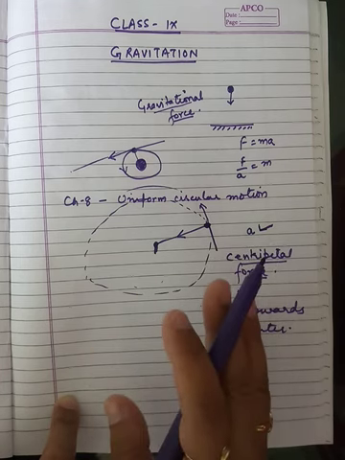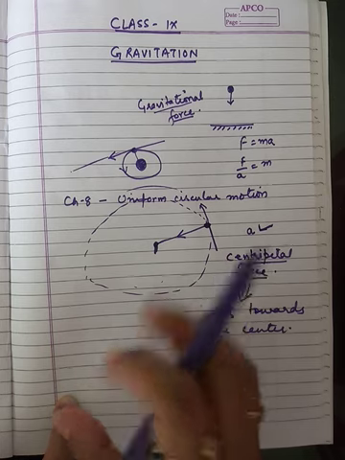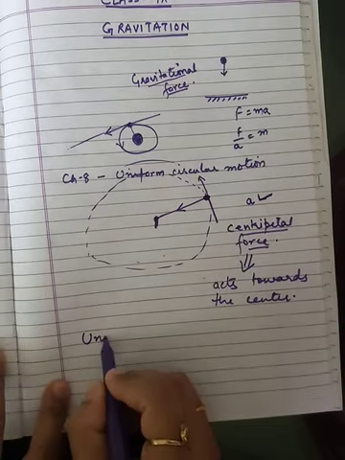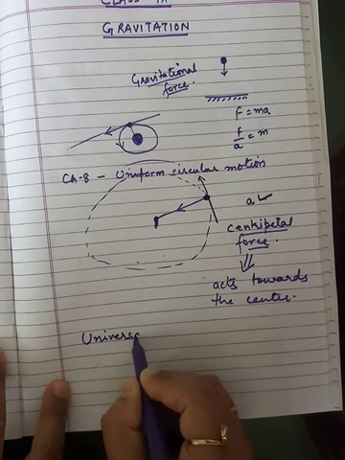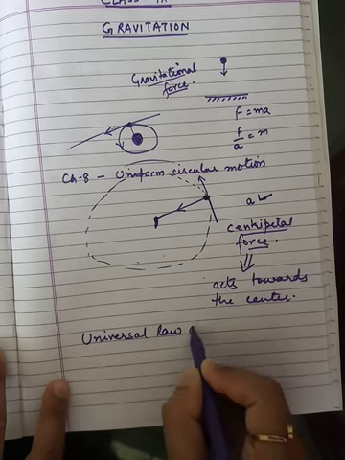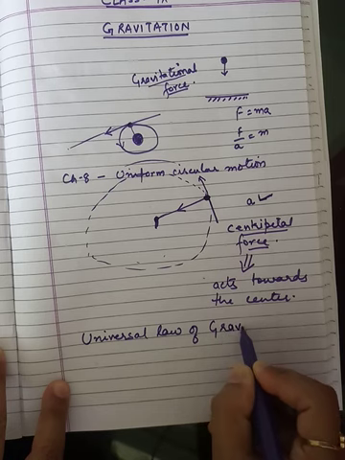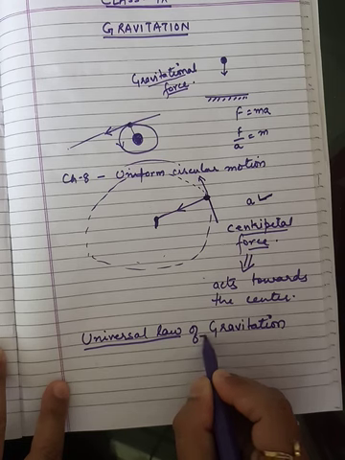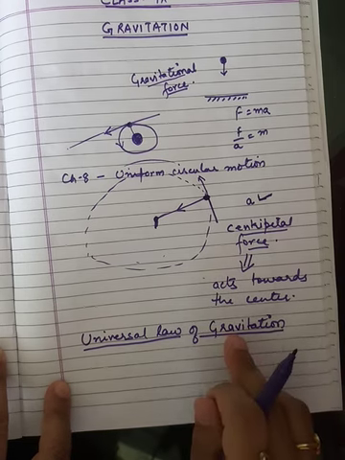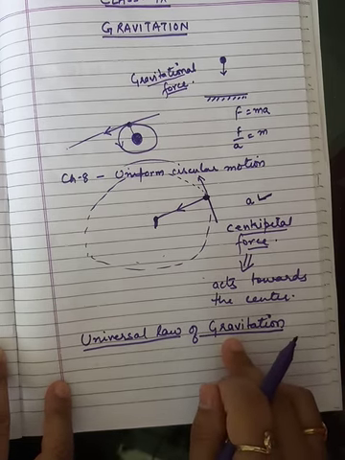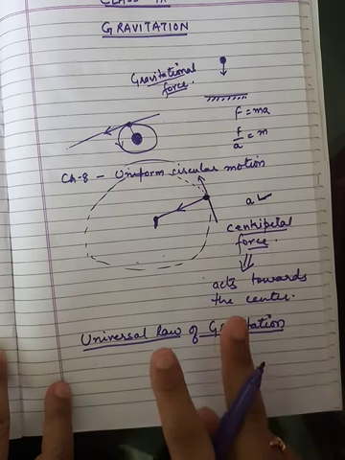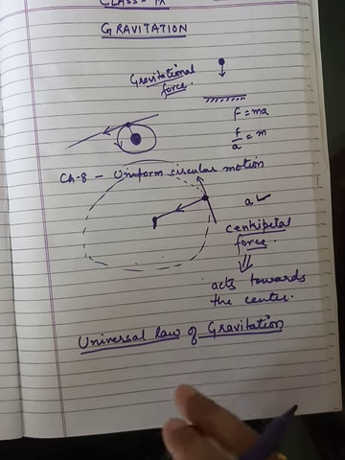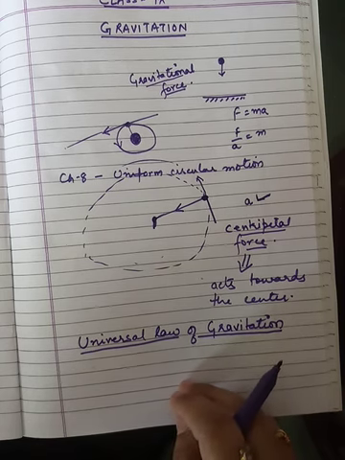So that idea has been combined into a law known as the universal law of gravitation. According to it, there exists a force known as the force of gravitation, or gravitational force, between any two objects in this universe. I will explain this universal law right now.